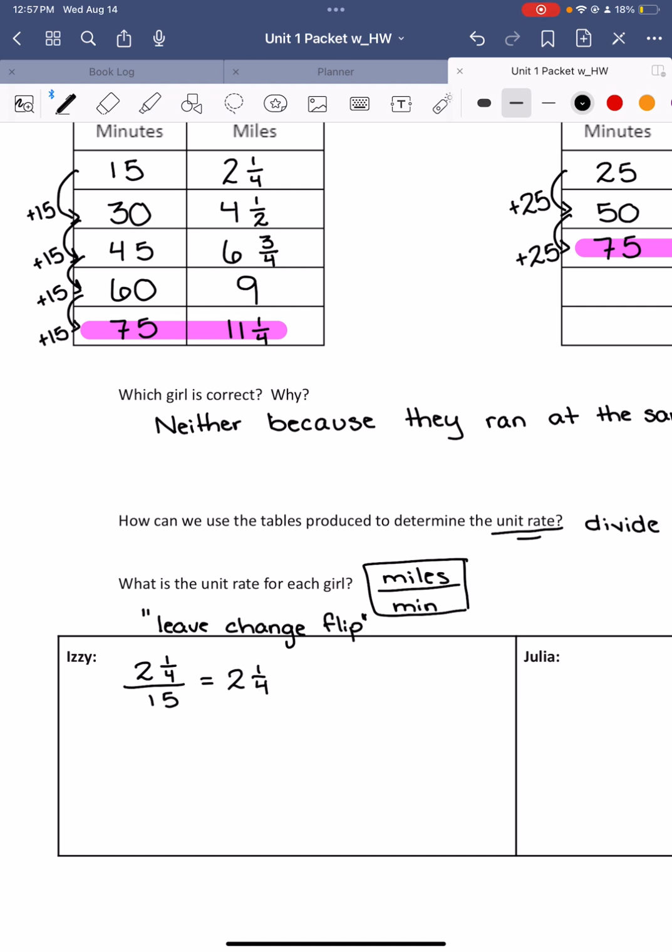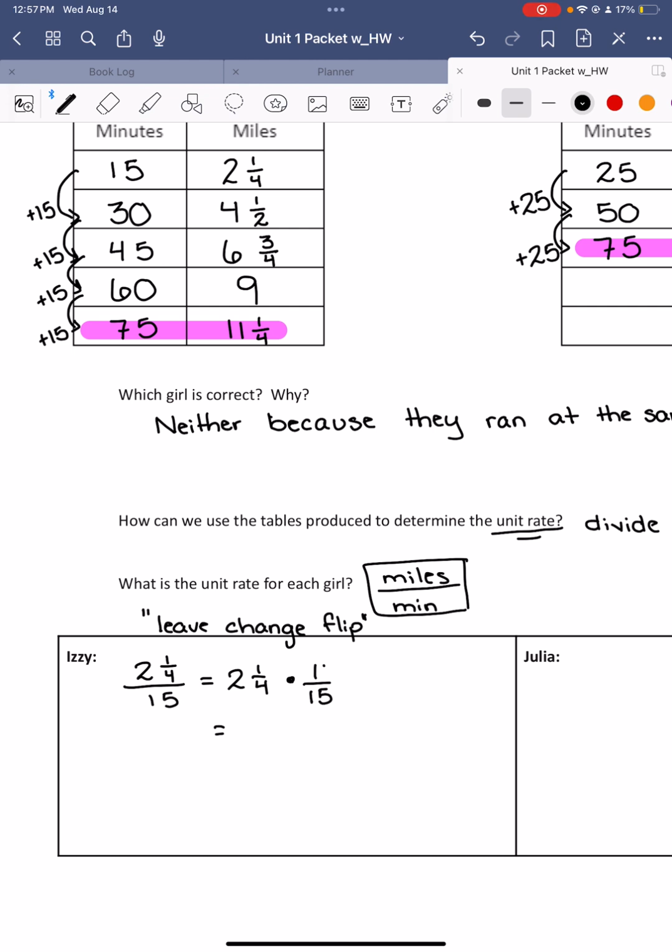I'm going to change division to multiplication. And I'm going to flip 15 over. So it should become 1 over 15. So now I'm actually multiplying 2 1/4 times 1 over 15.